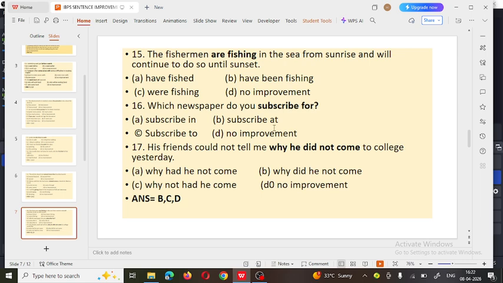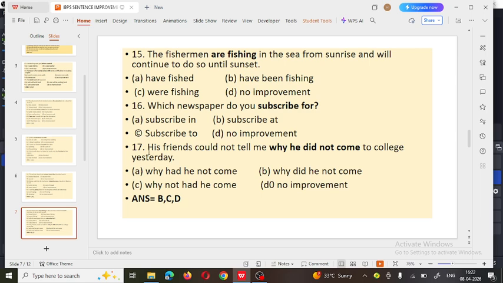Subscribe for is wrong, that's why we need not consider the no improvement option. From these, the correct option is subscribe to. So the sentence should be, which newspaper do you subscribe to? Option C is appropriate here.